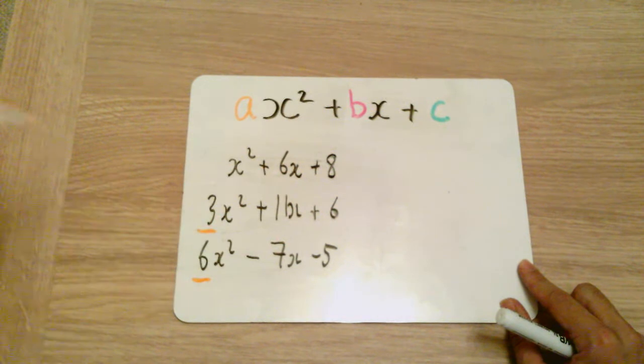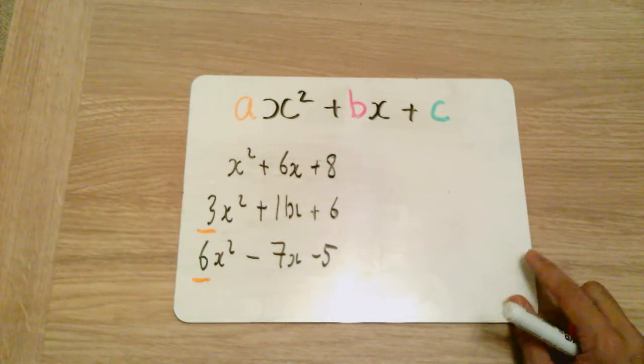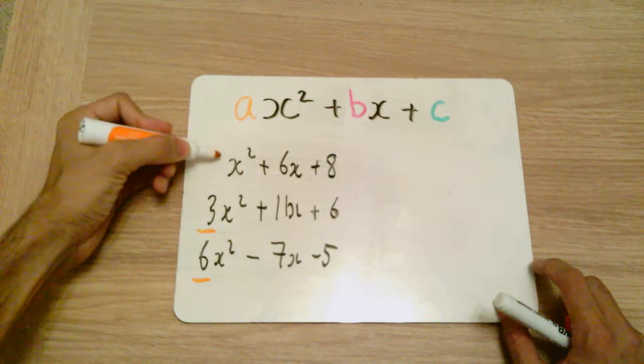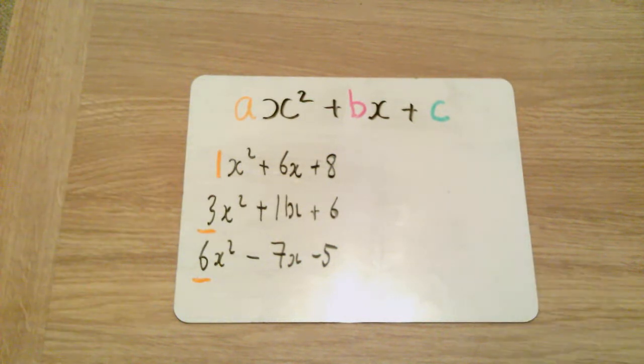In the one above, it's equal to 3. But there is also an x squared coefficient in the very top expression, which is 1. A lot of people don't realize this, but it is very important to note. And it will become very clear with regard to the methodology we're going to use when factorizing quadratics when the x squared coefficient is not equal to 1.